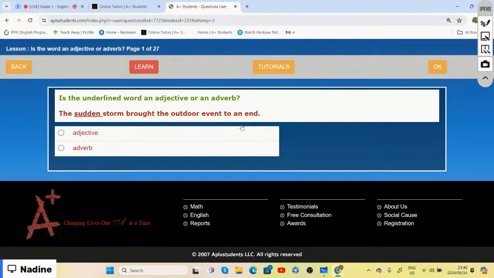Is this an adjective or an adverb? Do we say it's an adjective or an adverb? And that is sudden.